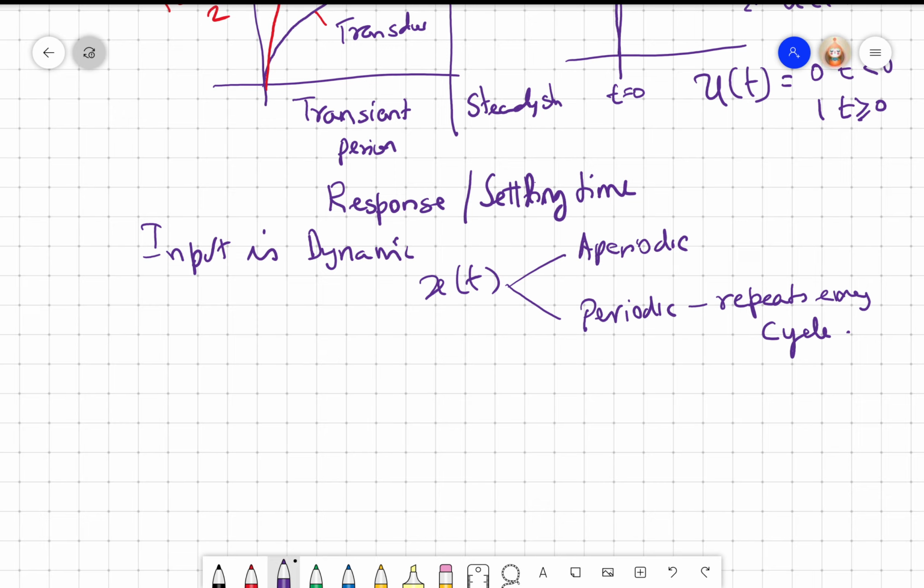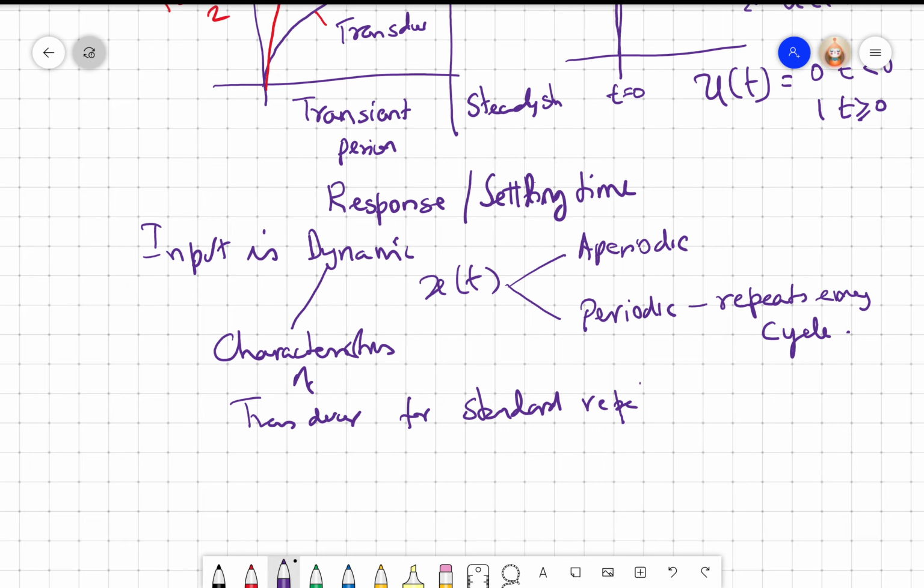So we now say that I will look at the dynamic characteristics of a transducer for a standard repetitive signal.